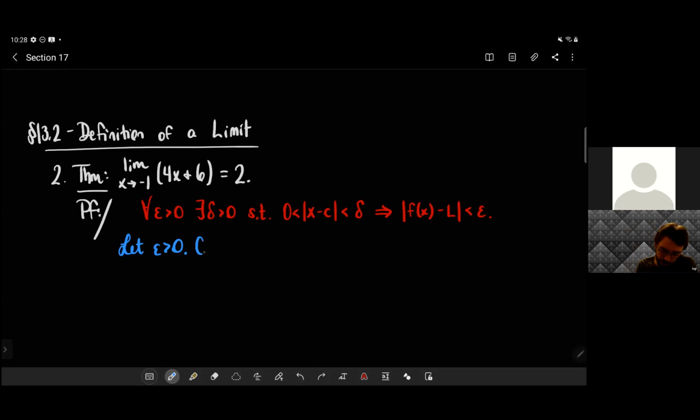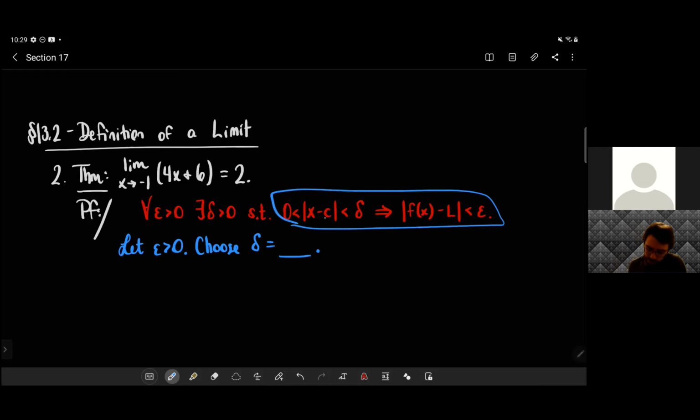So what I'll write next is, choose delta to be equal to blank. I don't know what I'm going to write here yet. This usually comes to you once you've written the rest of the proof down. So these sort of limit proofs are a bit backwards. It takes some getting used to. But anyway, that's our goal. Our goal is to find delta so that this works.